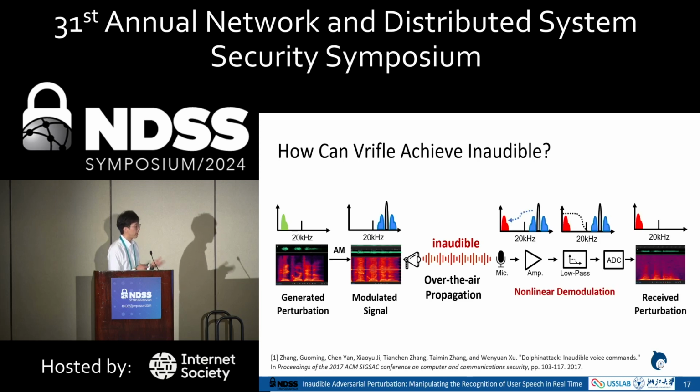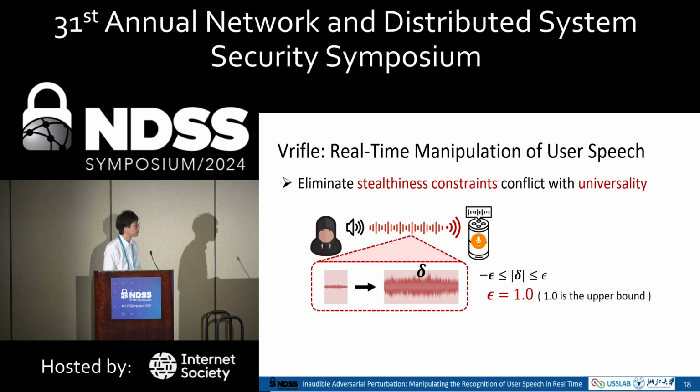Then, the inherent nonlinear effect of microphone sensors demodulates the high-frequency signal to low frequency, and it bypasses the filter in the microphone circuit just like a normal audio signal does. In this way, the adversarial perturbation can successfully get into the ASR system and manipulate its output.